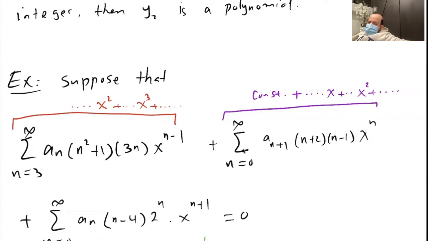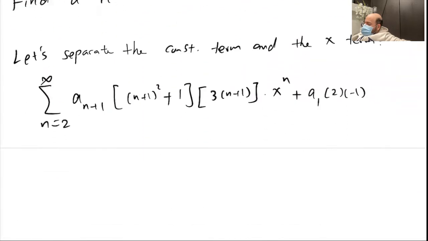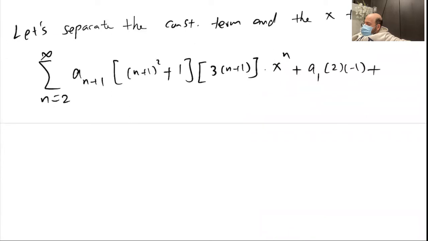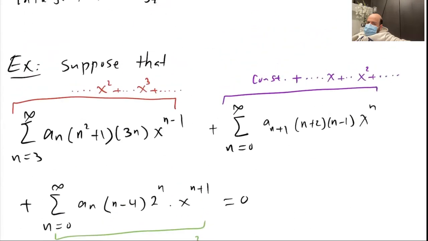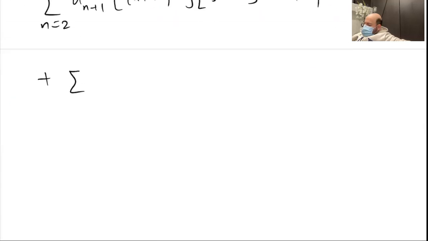And then I can write the rest from 2 to infinity, something times x to the power n, which includes x squared and everything after that, like x cubed, x to the power 4, and so on. So plus 0 plus sigma a_(n+1) times (n plus 2) times (n minus 1) x to the power n, from 2 to infinity.